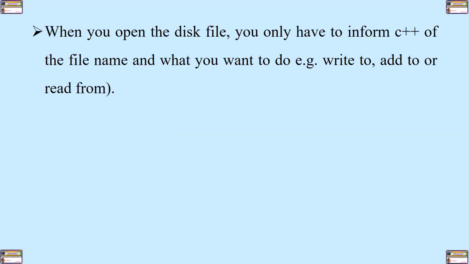When you open the disk file, you only have to inform C++ of the file name and what you want to do, for example, write to, add to, or read from. In other words, when you are opening a file, you must note what you want to do with it. If you want to write to the file, the opening statement must include attributes indicating that you're opening the file in order to write into it.